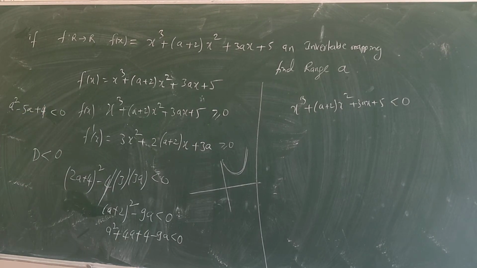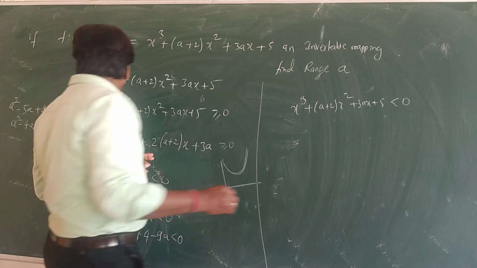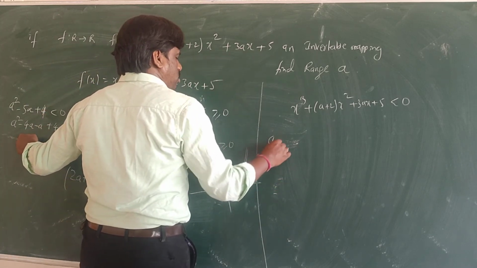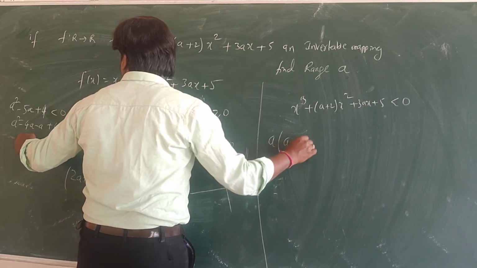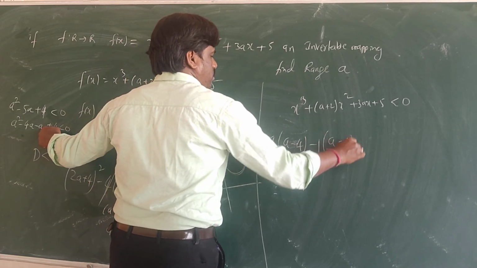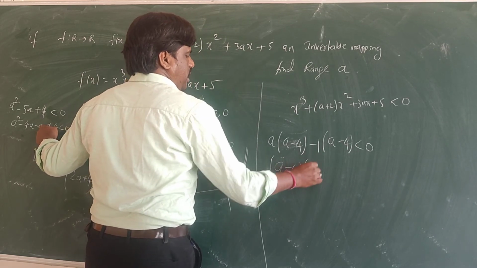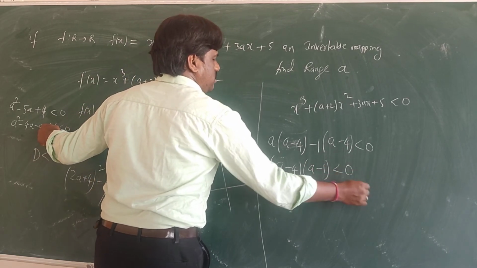Now 4 ones are 4. So I can write a square minus 4a minus a plus 4 less than 0. Any problem here? Taking a common, a minus 4 minus 1 taken common, a minus 4. So a minus 4 into a minus 1 less than 0.